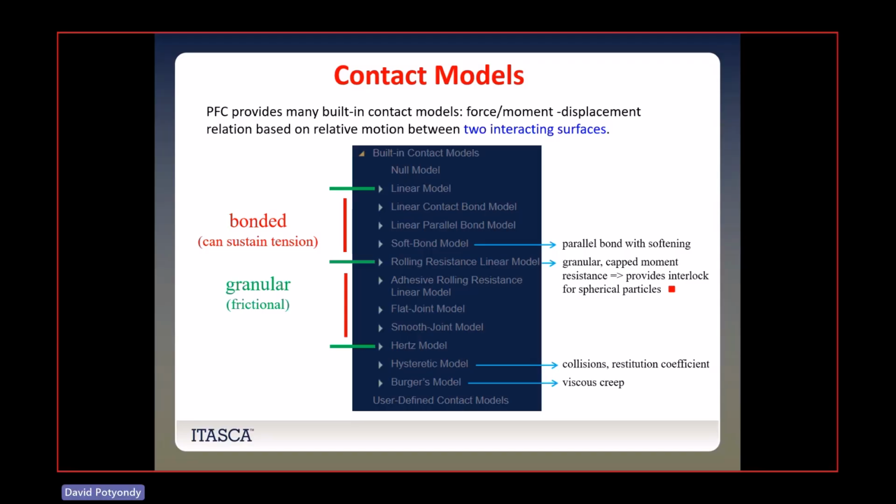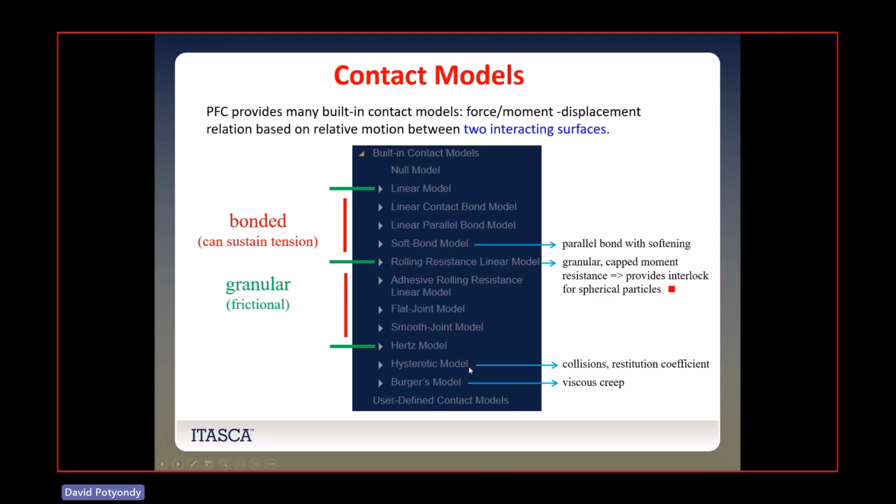But if you had a grain of rice and you rotated that, there would be giant dilation, which means it's more interlocked. And there's a trick people have come up with that can make spheres behave as though they're interlocked, and it's called rolling resistance. So we'll talk about that later. And we're not going to talk much about it because the focus here is not on granular systems, it's on bonded systems.